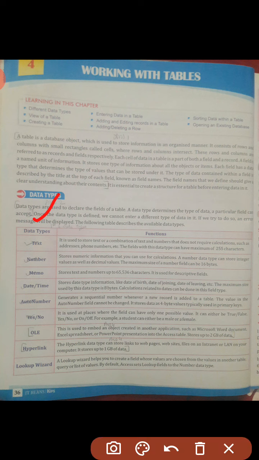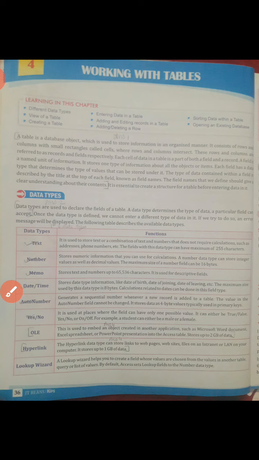Put today's date, lesson number 4, working with tables, complete the index as well as inside the copy, write down the topics, and then give the heading Data Types. Under that heading, as given in the book, make 2 columns: first column data type and next column its functions. Create the table and write all 12 data types.